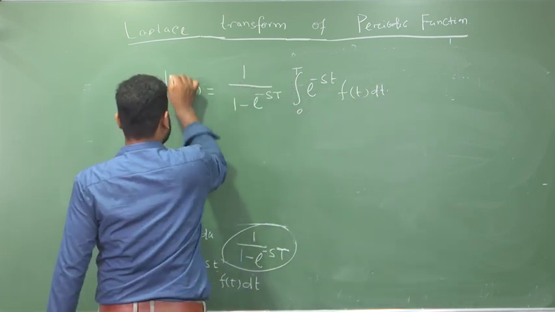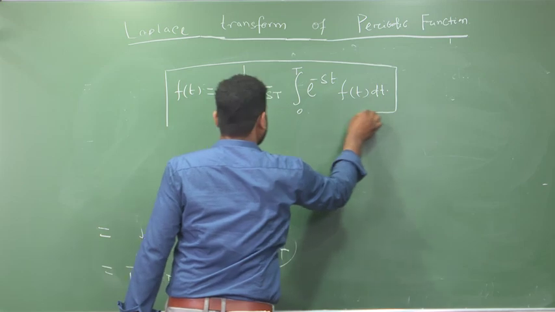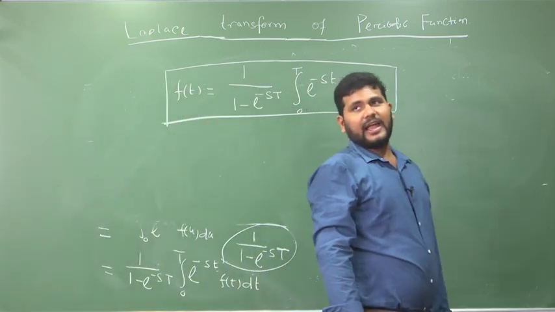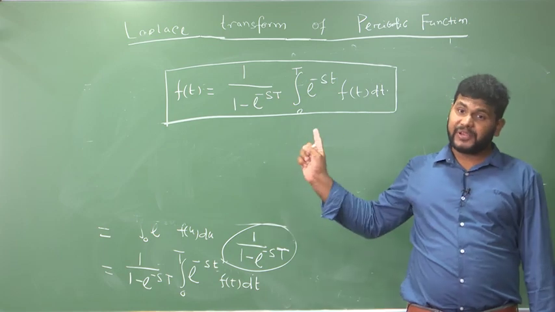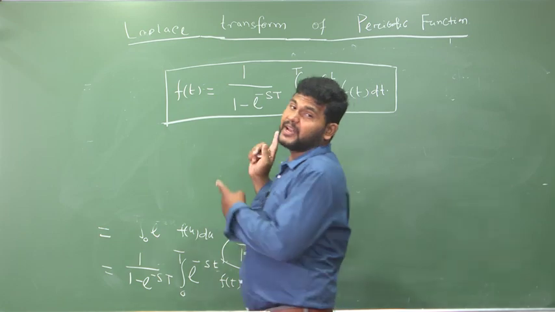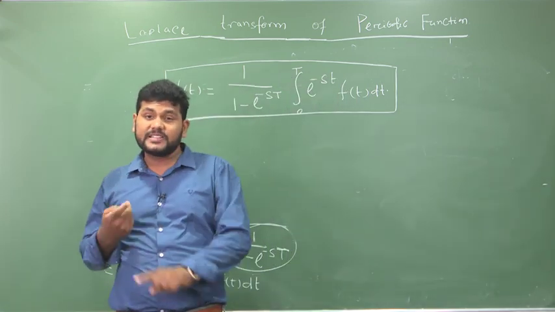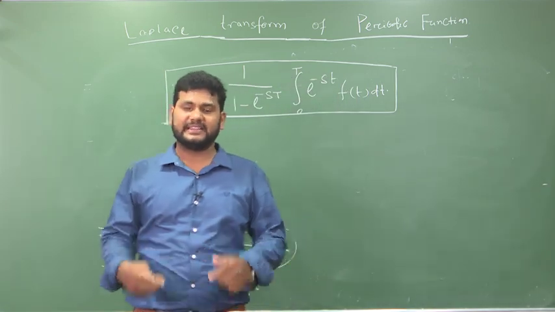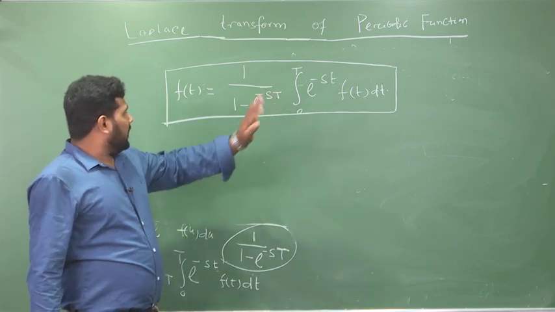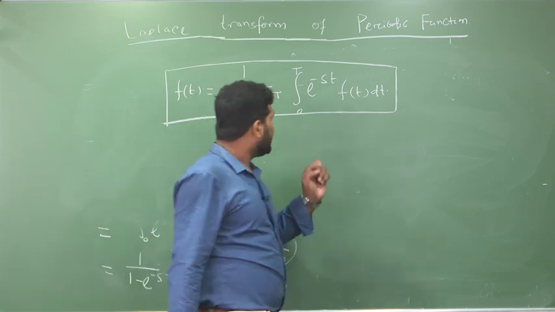So this is the ultimate result for the Laplace transform of a periodic function. And this function is periodic in nature. And how much is its period? Capital T. The period is capital T. So this is the ultimate result.